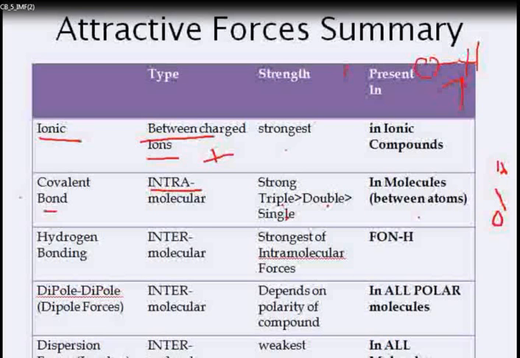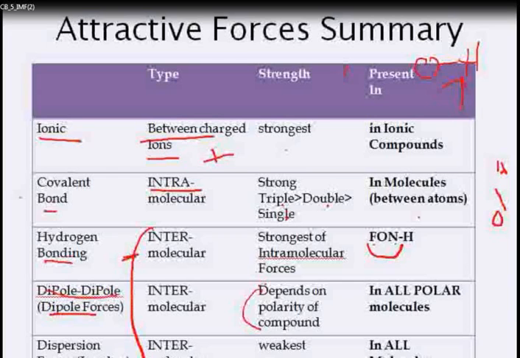And then the next strongest are these intermolecular forces, the strongest being the hydrogen bonding. And it is between, phone home, right? Highly electronegative fluorine, oxygen, and nitrogen, and a hydrogen on an adjacent molecule. We can have dipole forces, which can be very strong or can be not so strong.